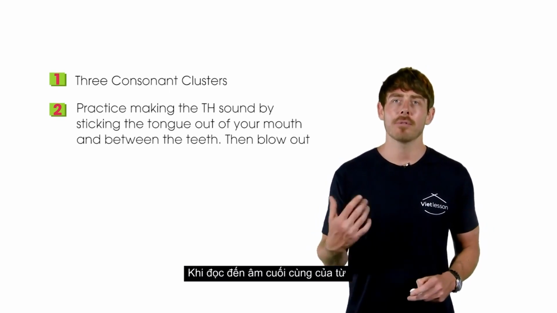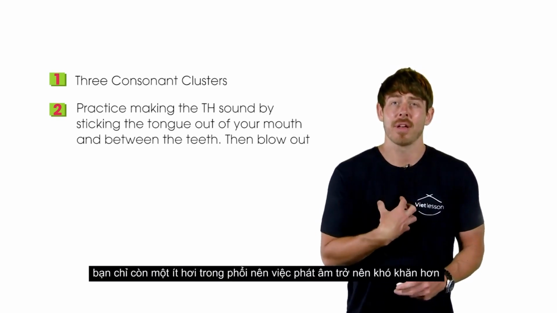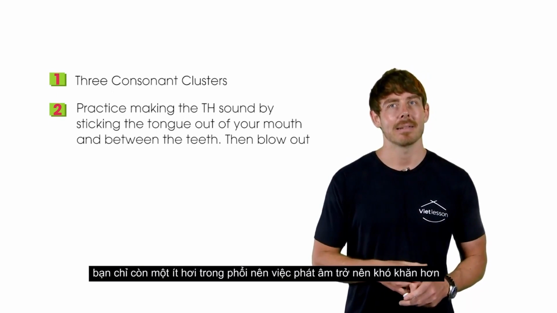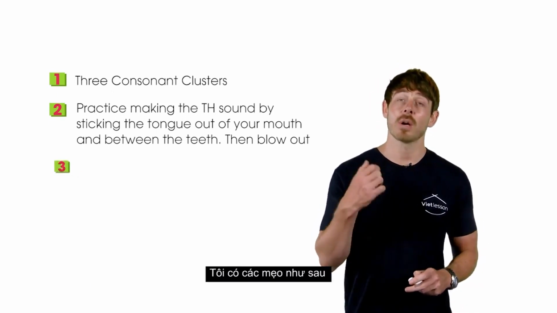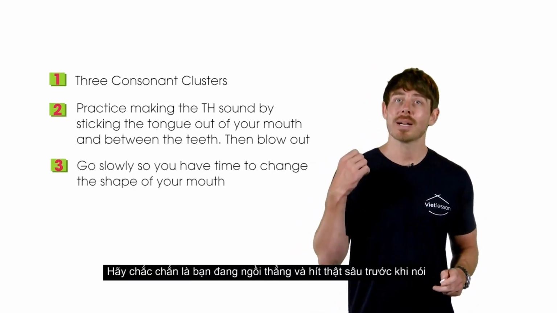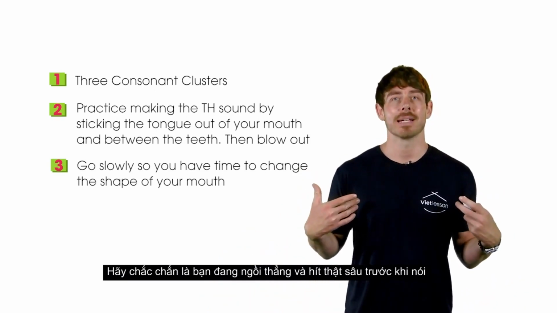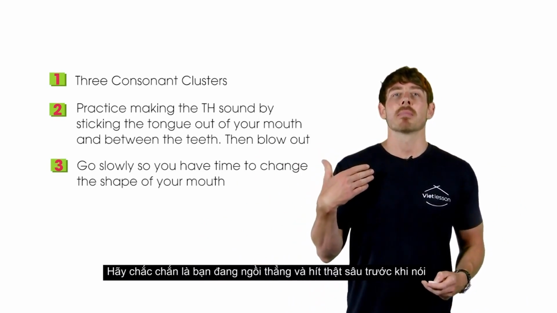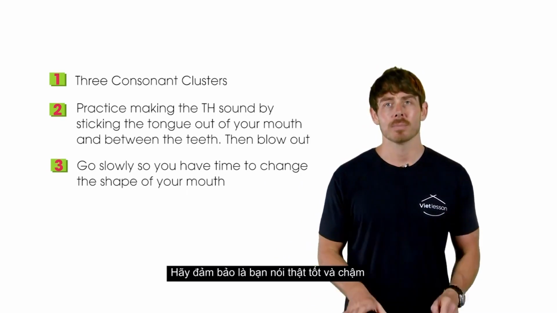At the end of the word, you have only a little bit of breath left in your lungs, and it can make it very hard to say. So, here are some tips. Make sure you are sitting or standing up straight. Take in a deep breath. And make sure that you go nice and slow.